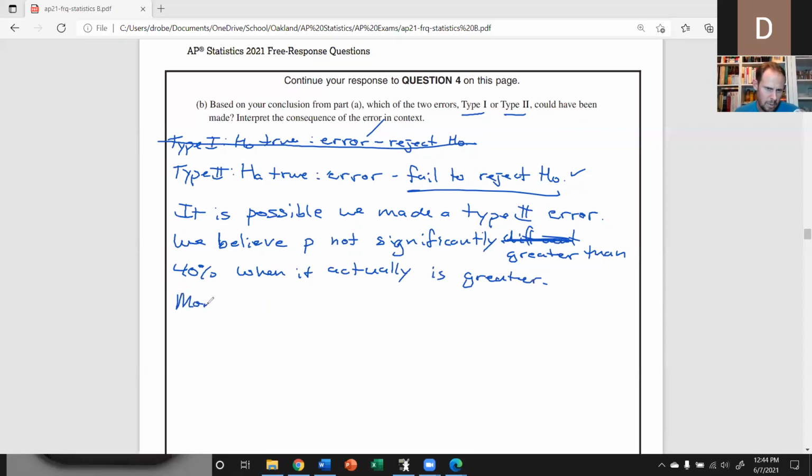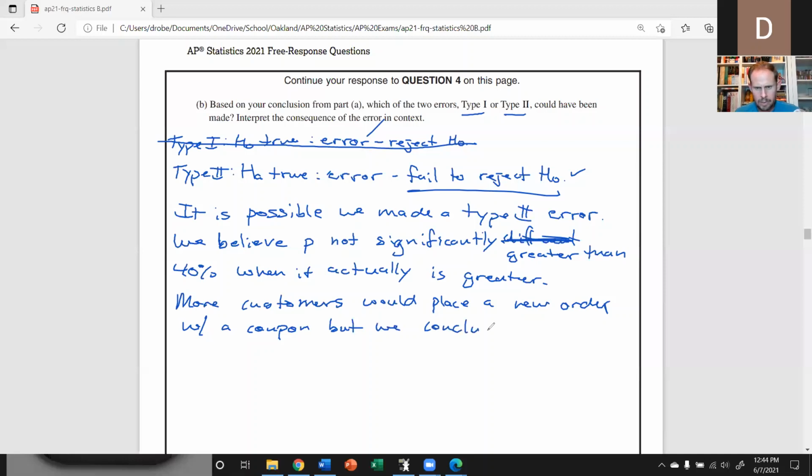So more customers would place a new order with a coupon, but we conclude it's still only 40%.